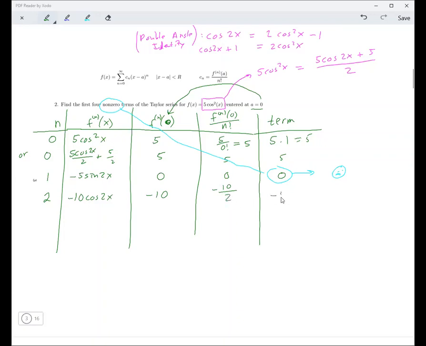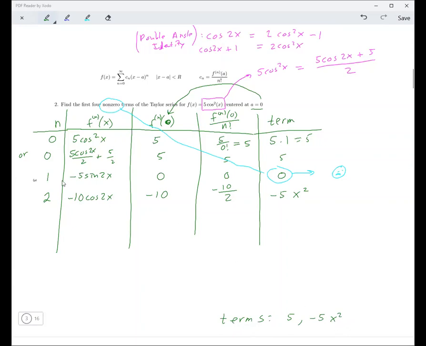So that's going to be negative 5. And you have to multiply by x squared. It's x minus a, which is 0, and then n is 2, so it's squared. So that's going to be our next term. So let me make a list of the terms right here. So there's 5, and then there's negative 5x squared.